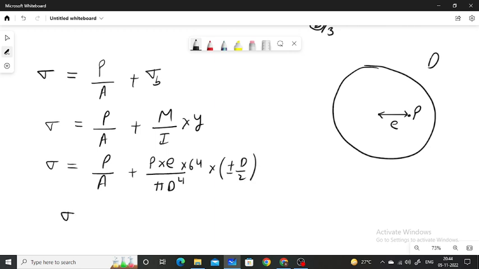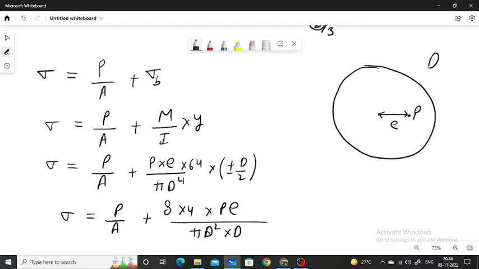So from here sigma is equal to P/A plus minus 32, or we can write this as 8 into 4, P into E divided by pi d square into d.